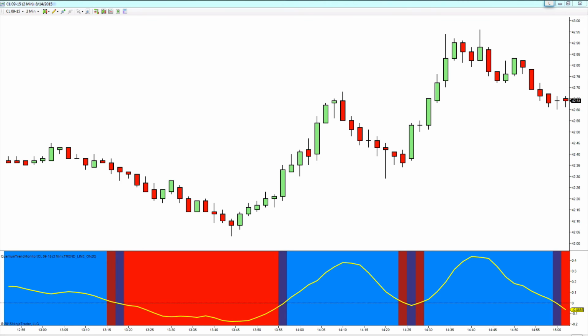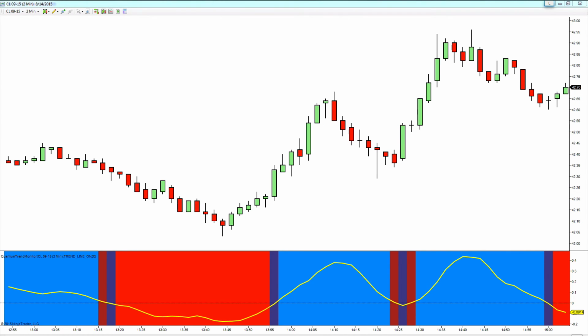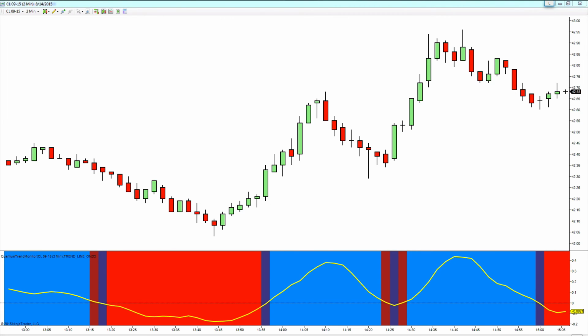So our trend has now changed. We've come to the end of our bullish phase of price action, and we're now entering a phase of bearish price action, signaled initially with a change to dark blue. It wasn't followed by a change to dark red. It went straight through into bright red for the next phase of price action.